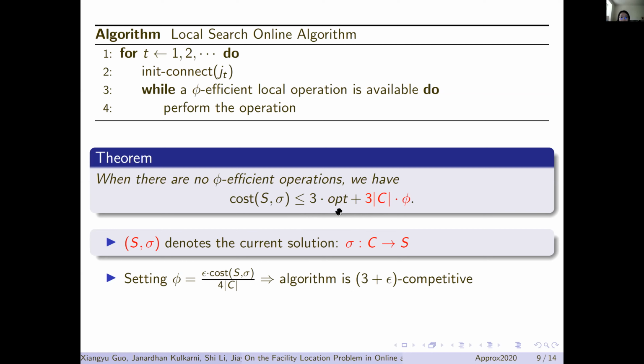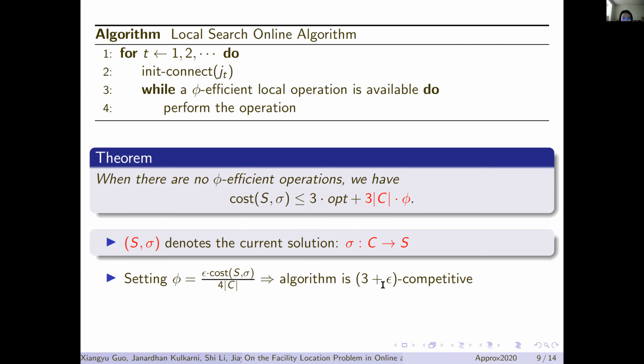OPT is the optimal cost. That means even if we skip all the other tiny-reduction local operations and only do the phi-efficient local operations, we can still have a 3 approximation ratio solution. That reaches our first goal to keep a constant approximation ratio solution.